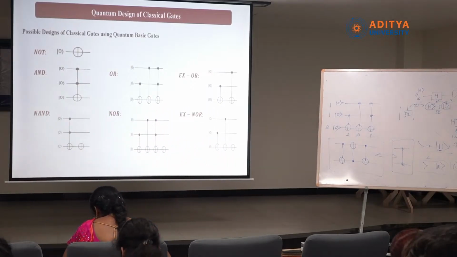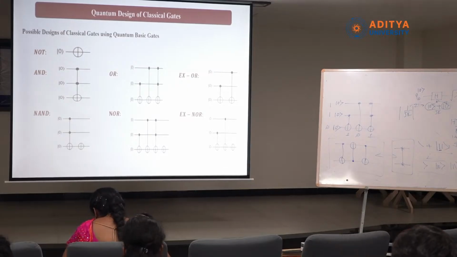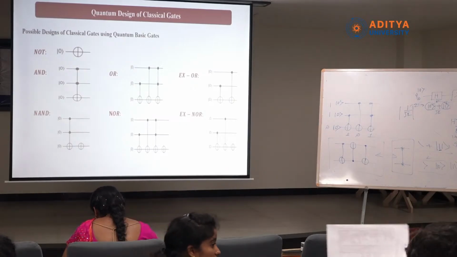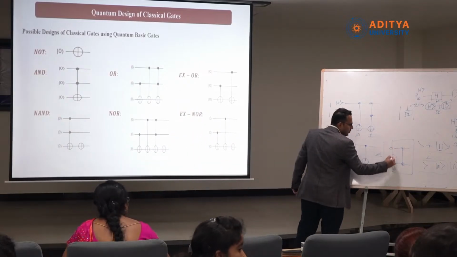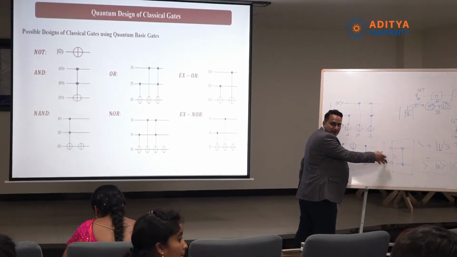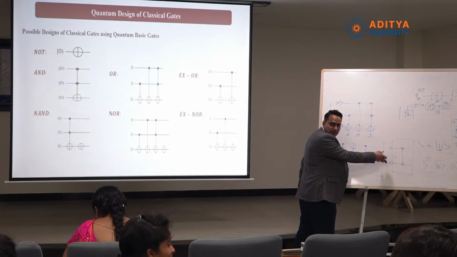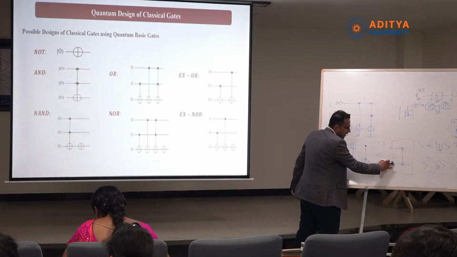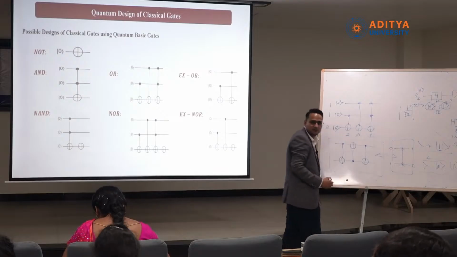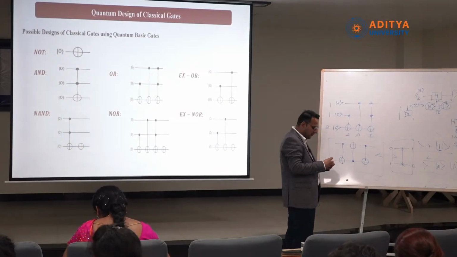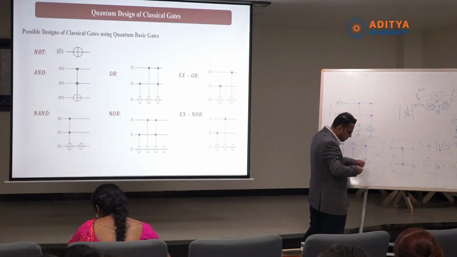How do we check? Look. If you initialize 0, 0, is there any impact to see? No problem, okay. But if you initialize it to 0, 1, so output should be 1, 0.